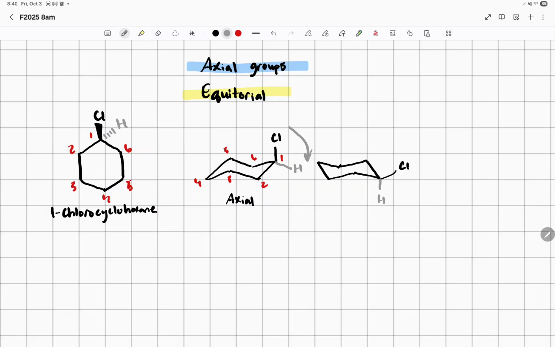Why do you draw the parallel lines in the opposite direction? That's just the conventional way to draw a chair flip. So the question was, why do we draw our parallel lines in the opposite direction for the chair flip? You will find as you're doing your homework questions that it very much is one of the best ways to do it.